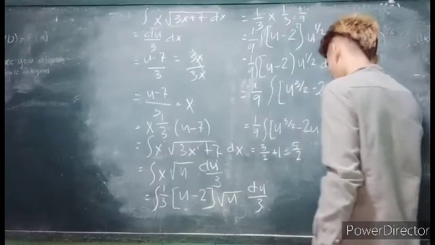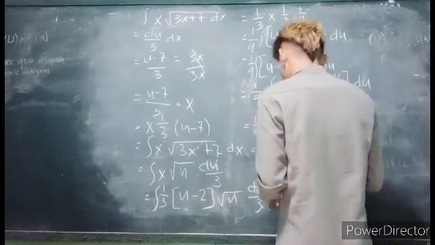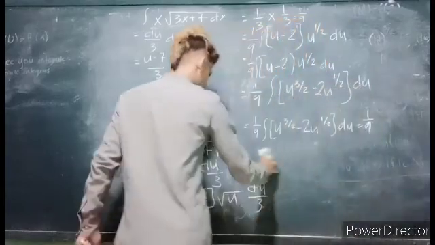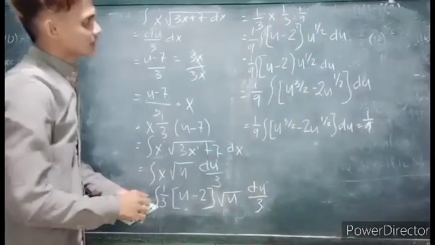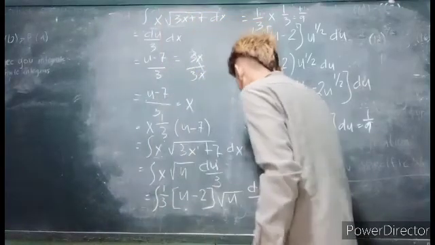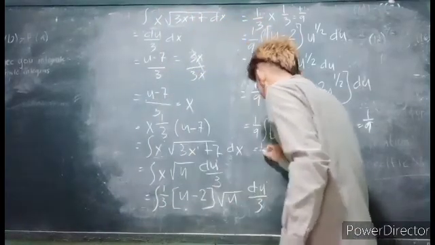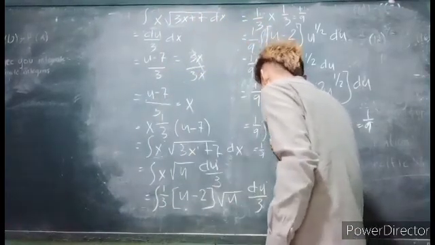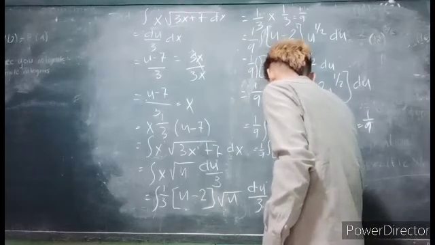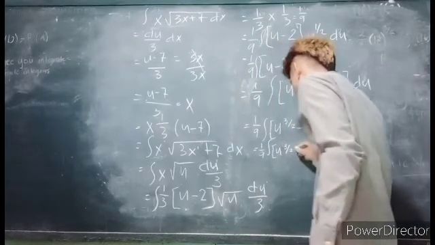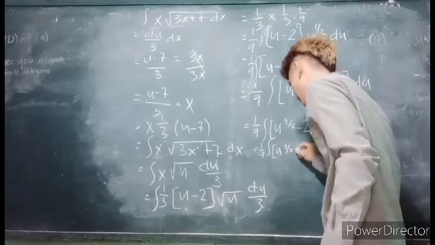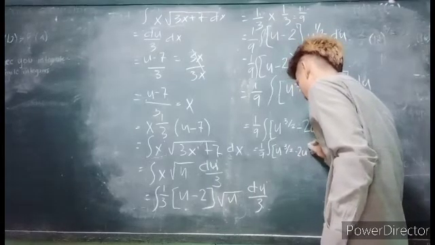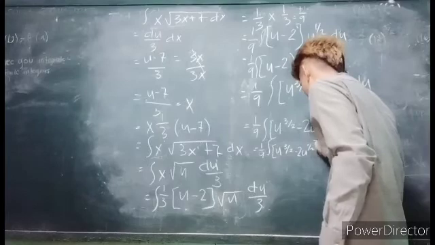So ang kinalabasan niya equals 19 times u to the 5/2 times 2/5 minus 2u to the 3/2.